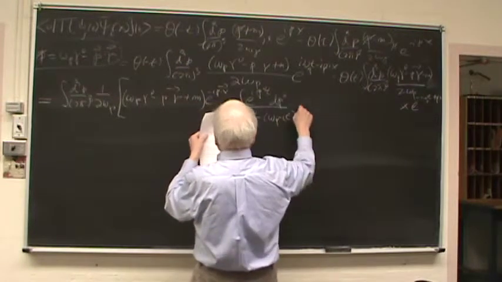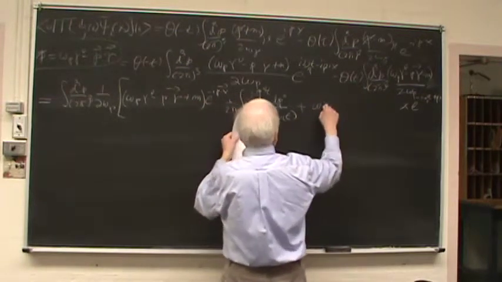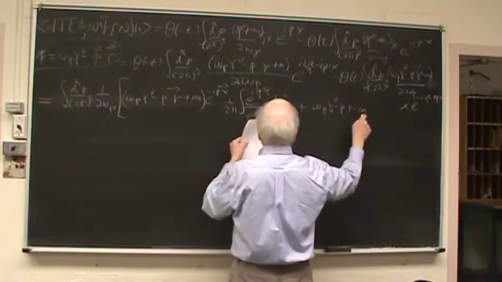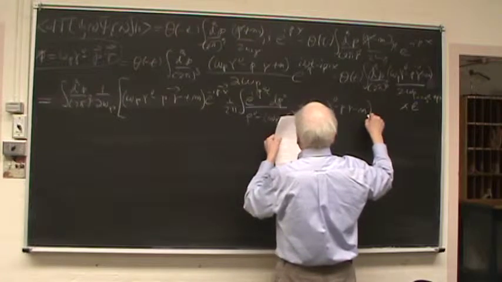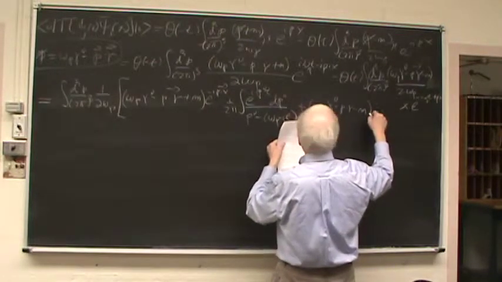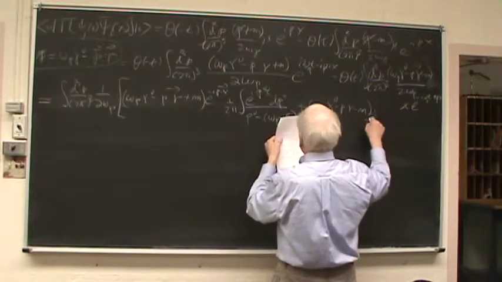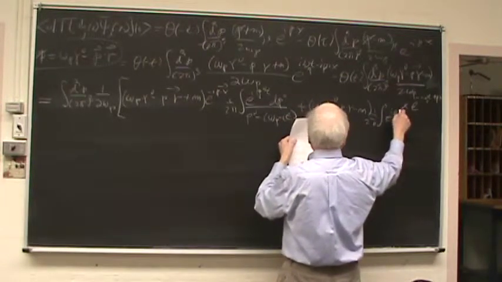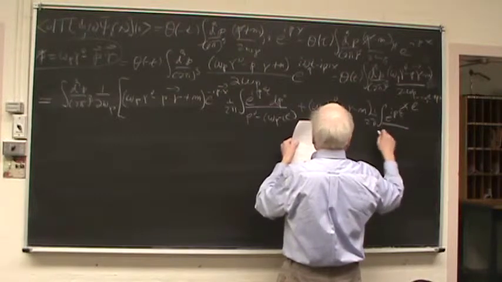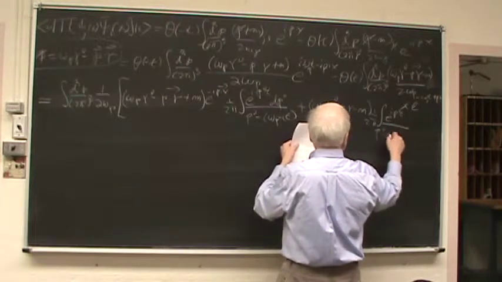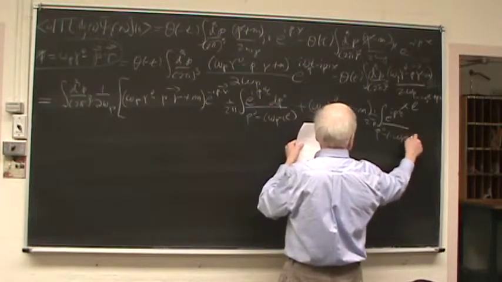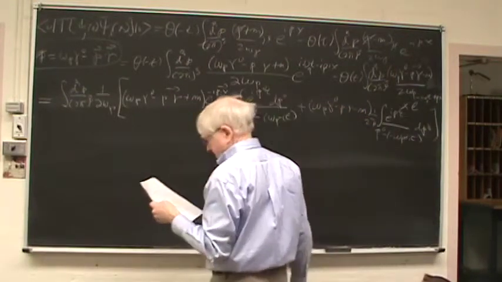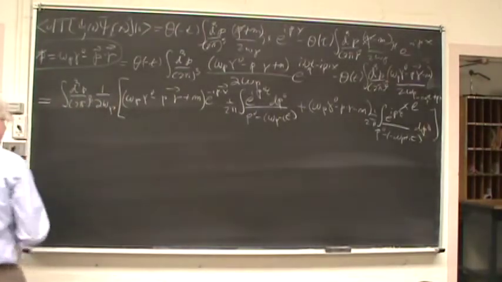And then the other term is omega p gamma 0 minus p dot gamma minus m. And I over 2 pi integral e to the I p0 t over p0 minus omega p plus I epsilon dp0. All right, well, that's a big load.